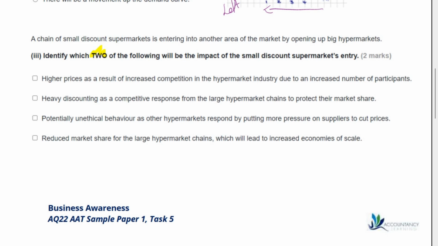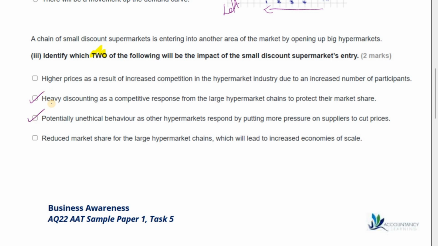Second, heavy discounting as a competitive response from the large hypermarket chains to protect their market share. So this is likely to happen because they want to keep their customers. So they're likely to offer discounts to be more attractive than the new hypermarkets opening. Potentially unethical behaviour as other hypermarkets respond by putting more pressure on suppliers to cut prices.